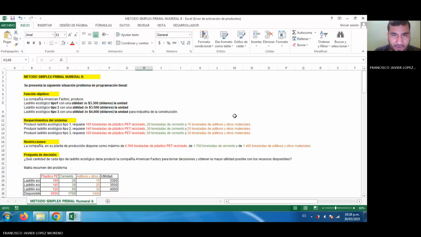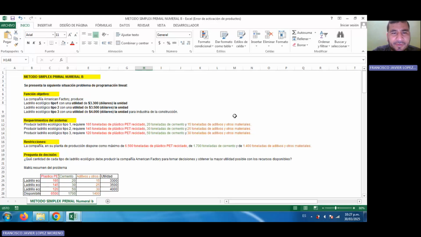The exercise also provides the system requirements, which state that to produce ecological brick type 1, 165 tons of recycled PET plastic, 20 tons of cement, and 15 tons of additives and other materials are required. To produce ecological brick type 2, 145 tons of recycled PET plastic, 30 tons of cement, and 25 tons of additives and other materials are required.